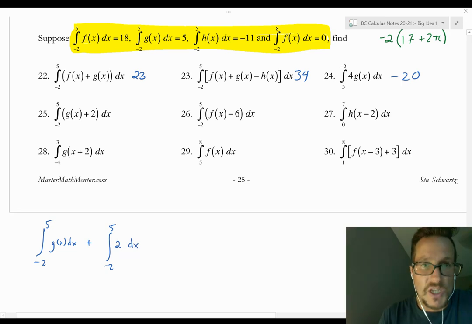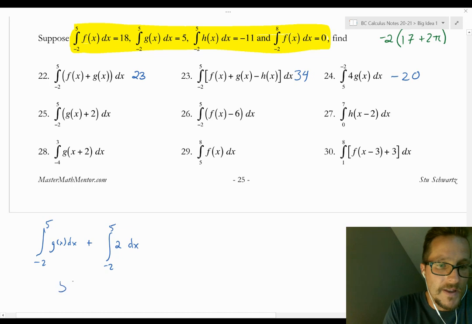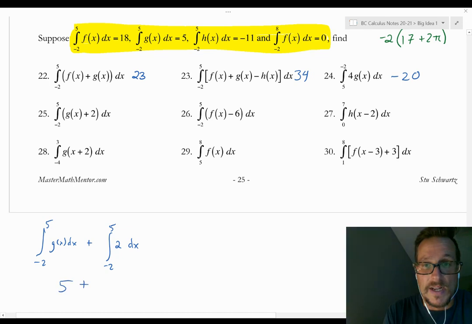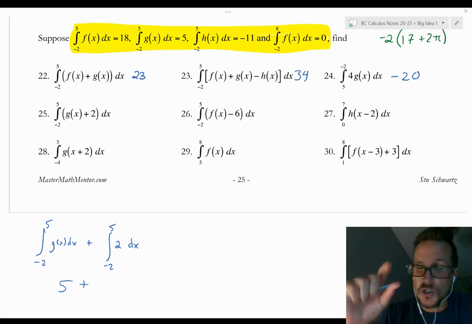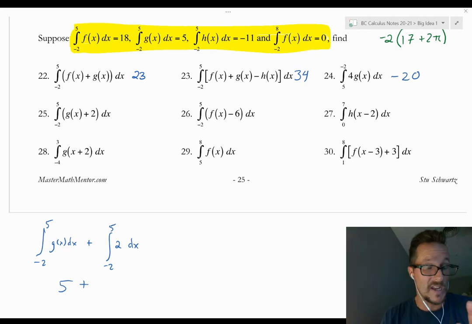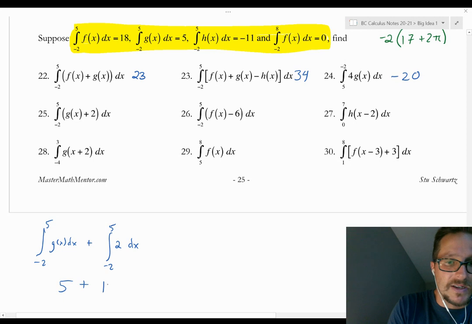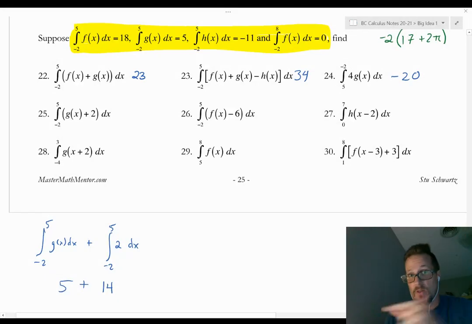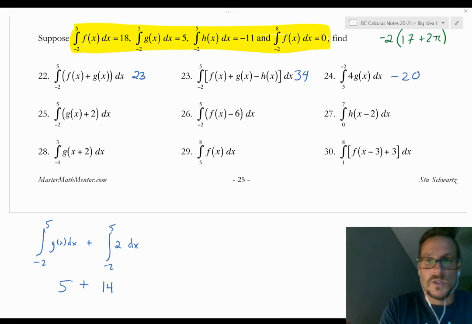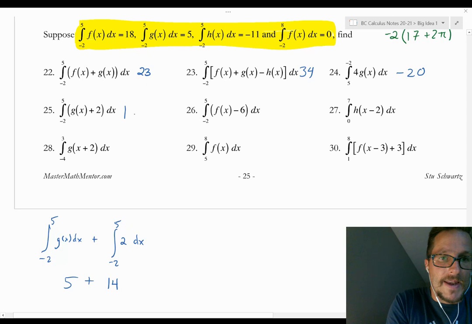Negative 2 to 5 of g is given as 5. And then the definite integral of a constant, remember, is a rectangle that has a height of 2 and a base of 7. So that has a definite integral of 14 because we were integrating to the right and the function was above. So that's going to be a positive value. So grand total is 19.